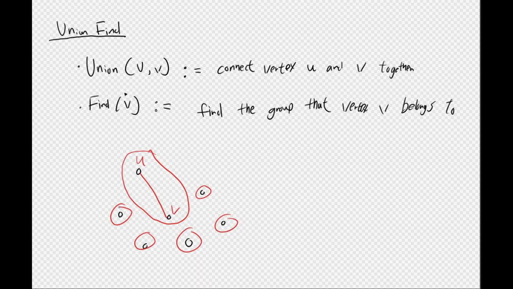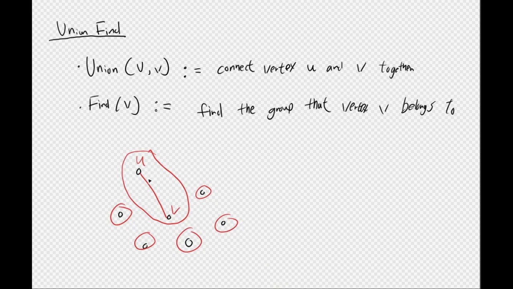And find, on the other hand, identifies the group vertex V belongs to. The main technique used is path compression, which will make the find operation super efficient, but what it does is basically telling what the group that the vertex V belongs to.